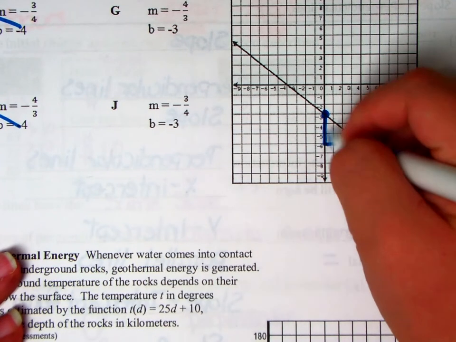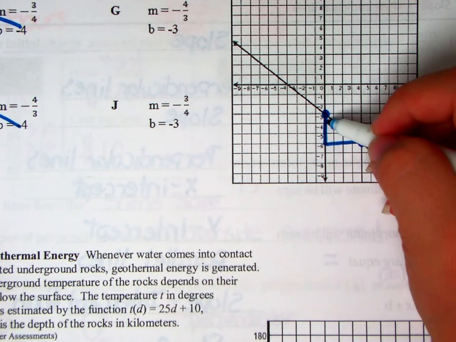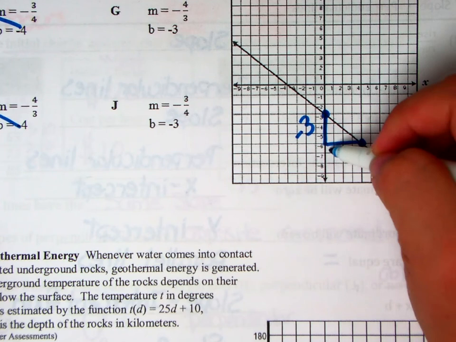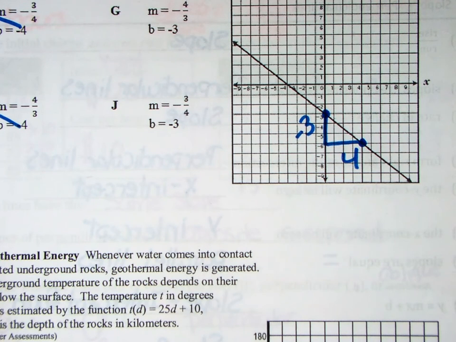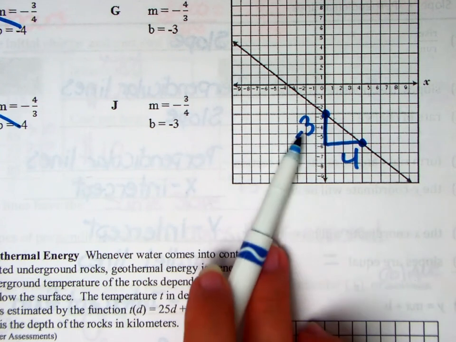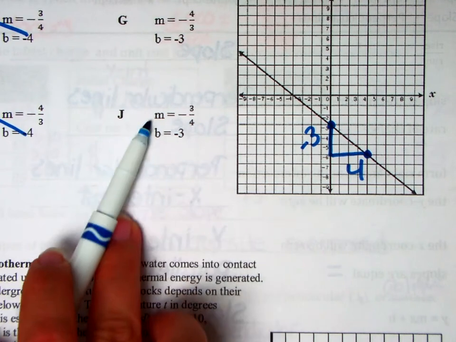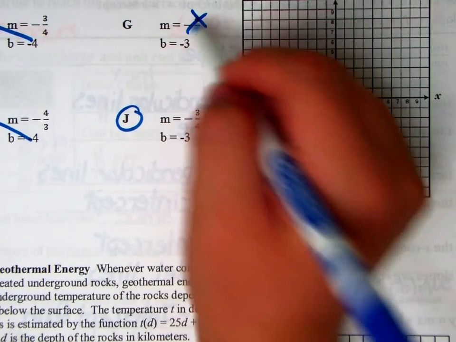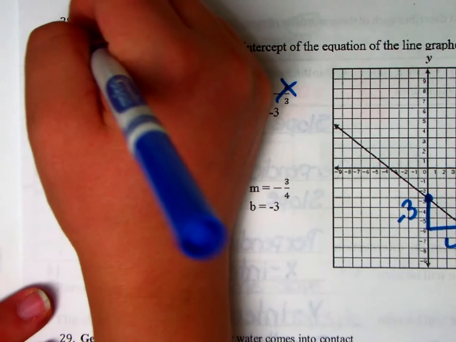We did drop, which we knew we were going to because it's a negative slope. We dropped 1, 2, 3 boxes and ran 1, 2, 3, 4. So remember, rise over run, -3 over 4. Which answer choice is that? Hopefully you said J. So for number 28, the answer is J.